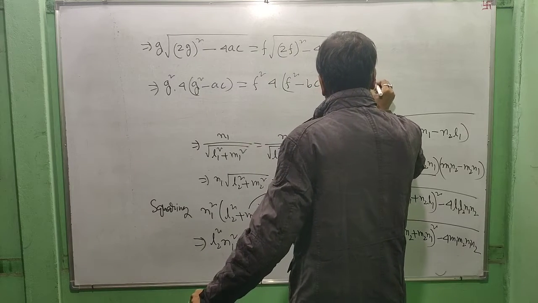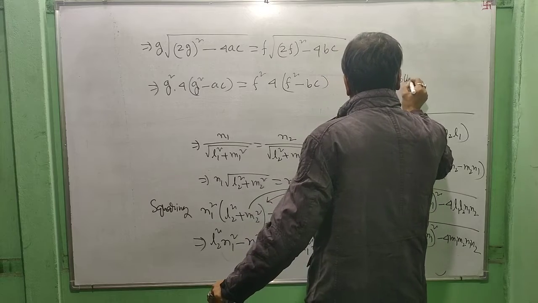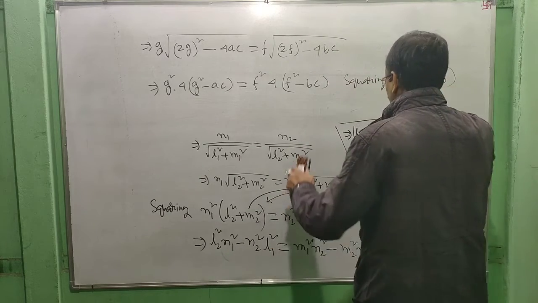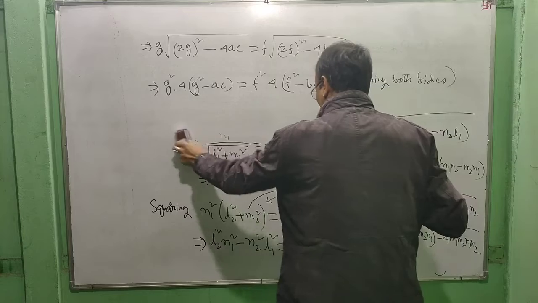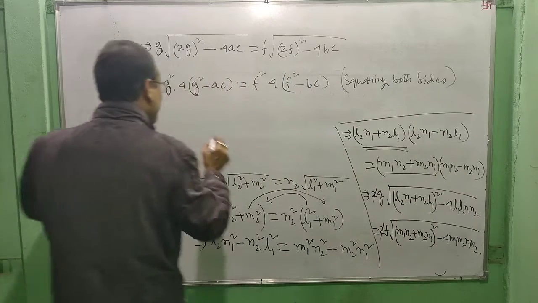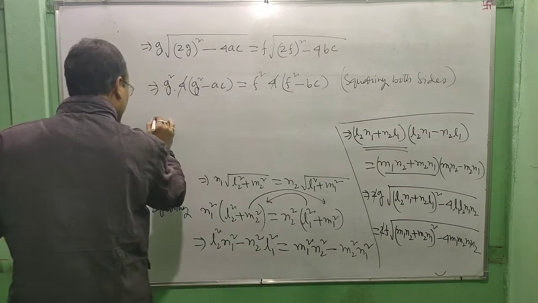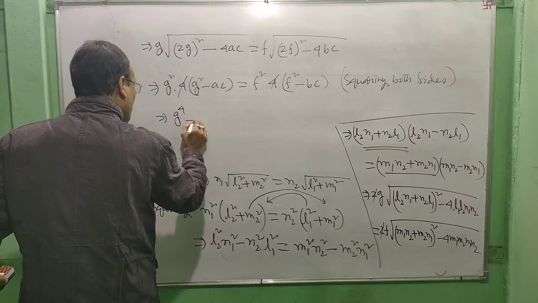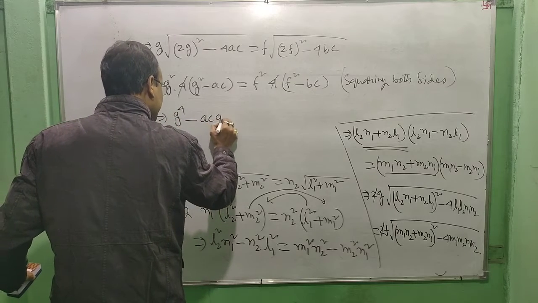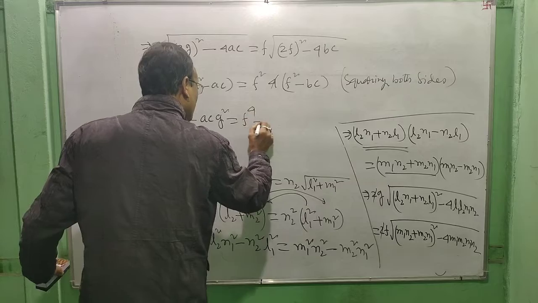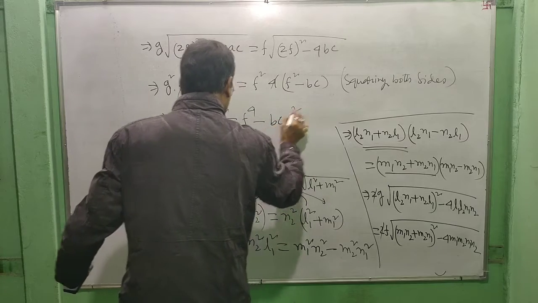Squaring both sides. Now 4 will be cancelled. Z to the power 4 minus ac z square is equal to f to the power 4 minus bc f square.